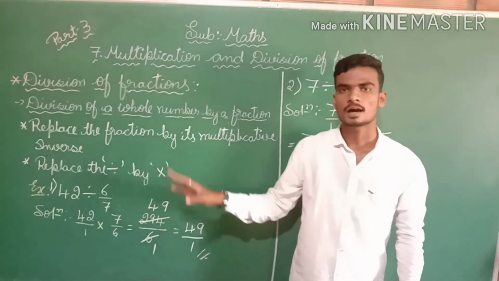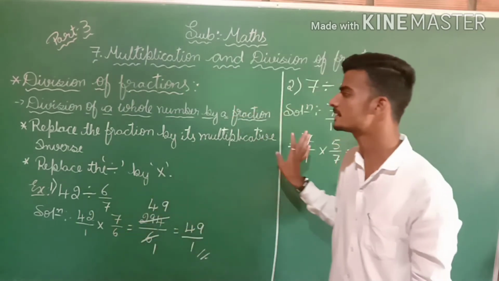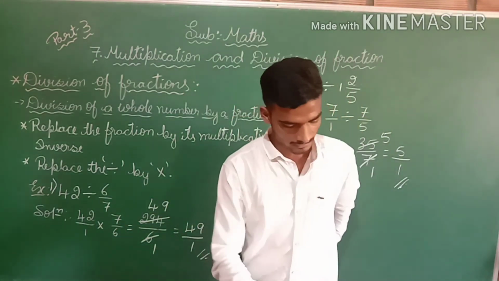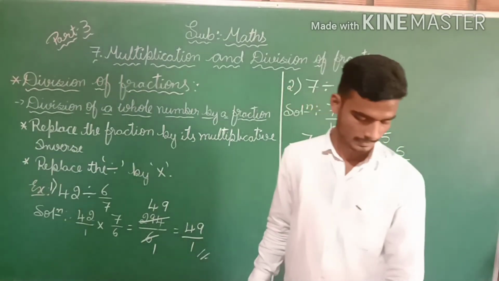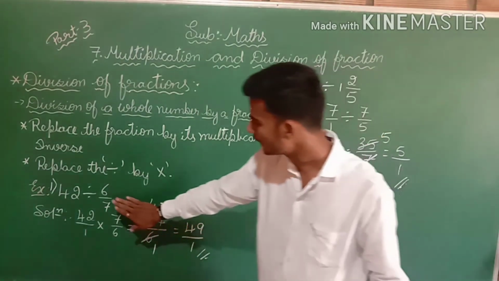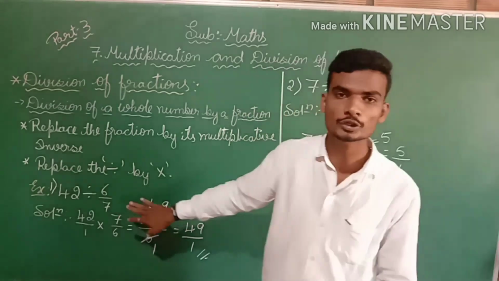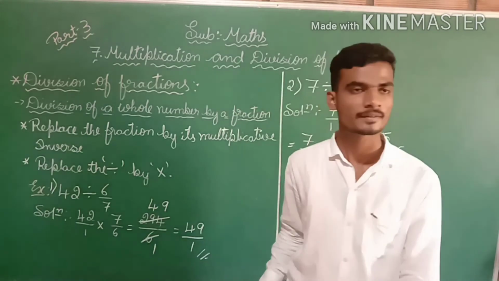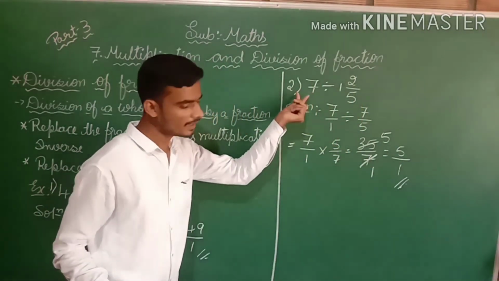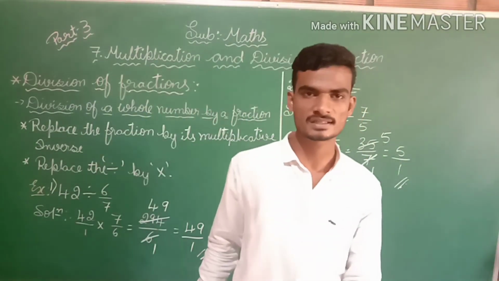Dear students, I have taken these examples from your exercise 7.2 B main. In B main, the first problem I have taken is the fourth problem, and the second problem I have taken is the second problem itself.